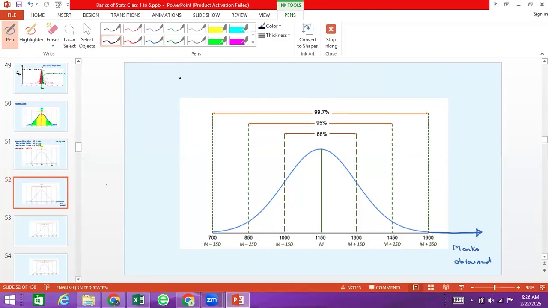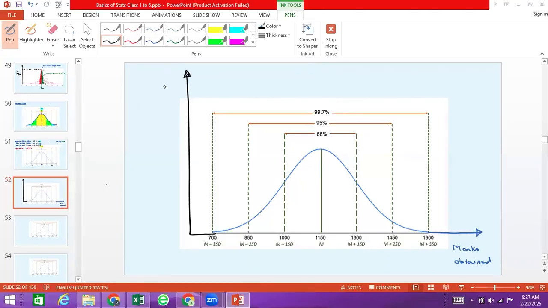The main thing is, what is my y-axis here? In a normal distribution, what is the y-axis? To create any chart, you need both an x-axis and a y-axis. So if the x-axis is marks obtained, what is the y-axis? It is the number of occurrences, and in this case, it is the percentage of occurrence.